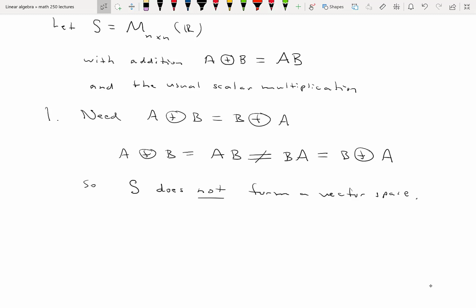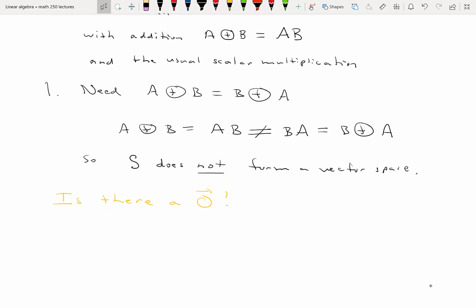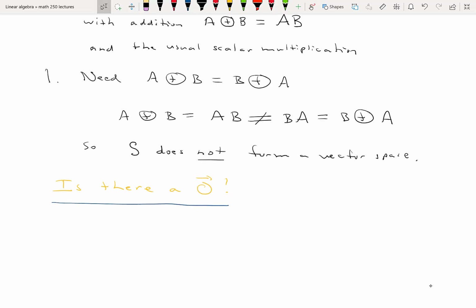I want to ask a couple of follow-up questions. I'll do that in a different color. Is there a zero vector? Well, what do we need for a zero vector?